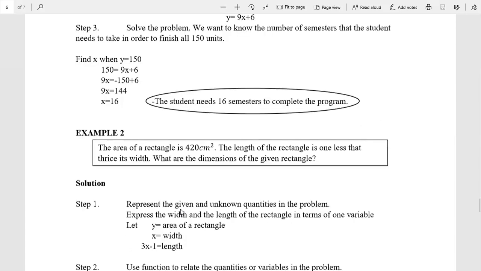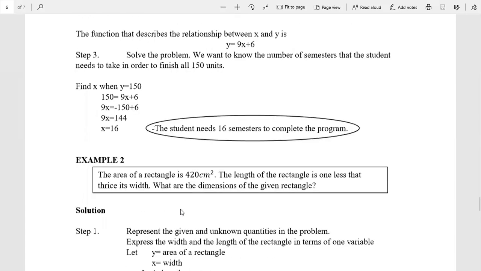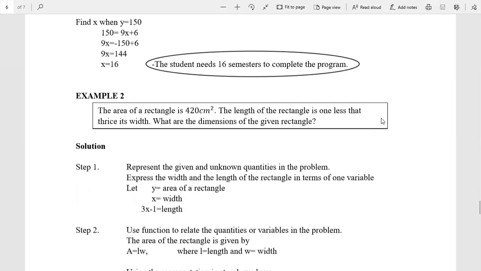Okay, next. Example number 2. The area of a rectangle is 420 centimeters squared.